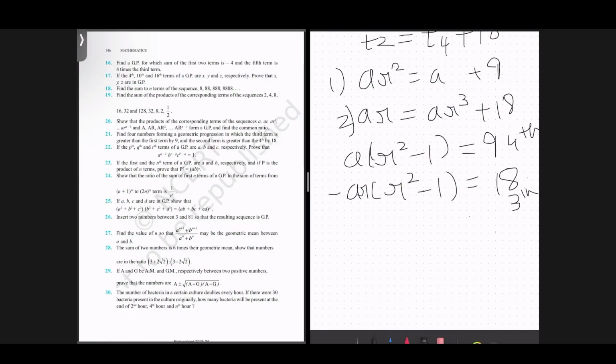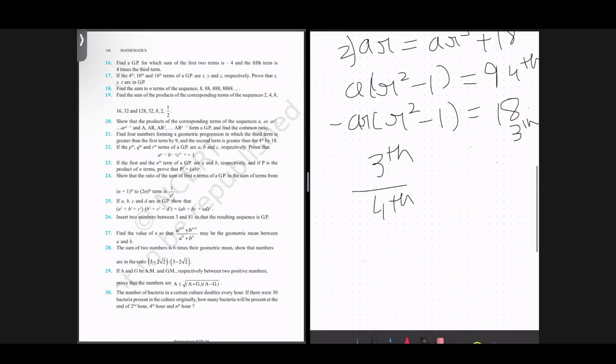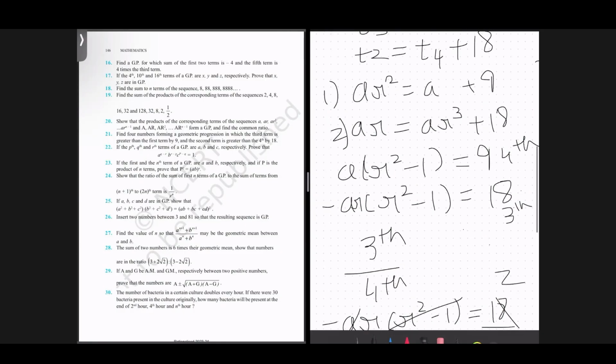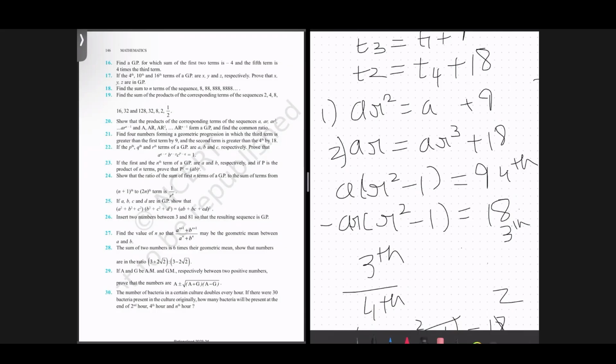When you divide the fourth equation by the third equation, what you get is minus ar(r square minus 1) upon a(r square minus 1) equal to 18 upon 9. This entire thing gets cancelled, and r is equal to minus 2. Substituting r equals minus 2 in the first equation, we'll be able to solve for a.